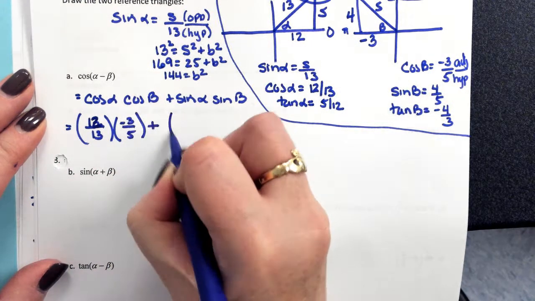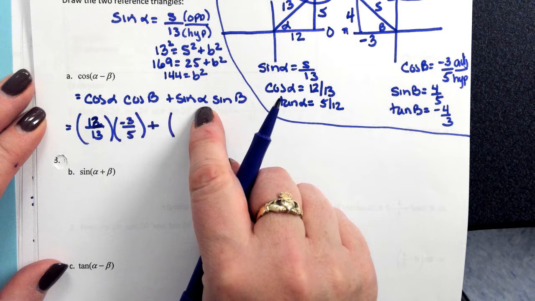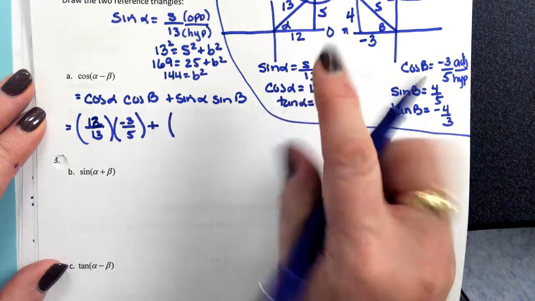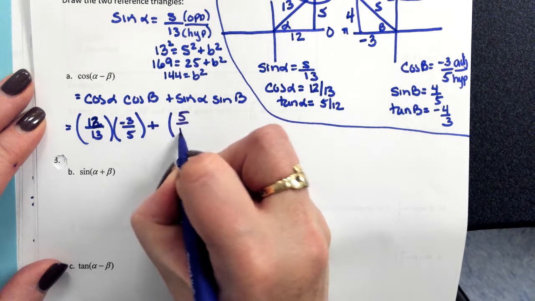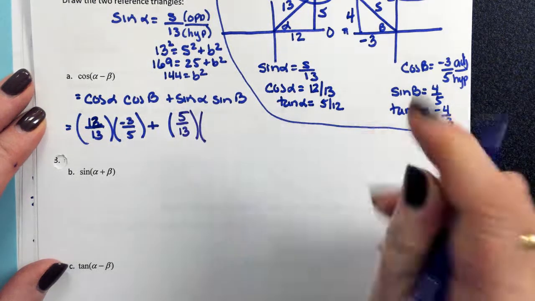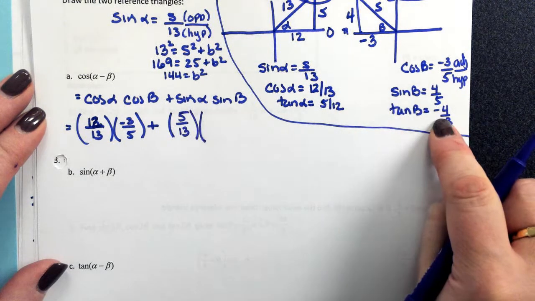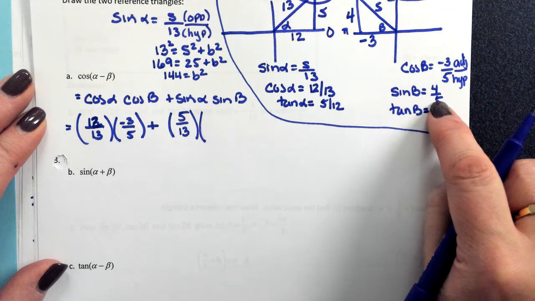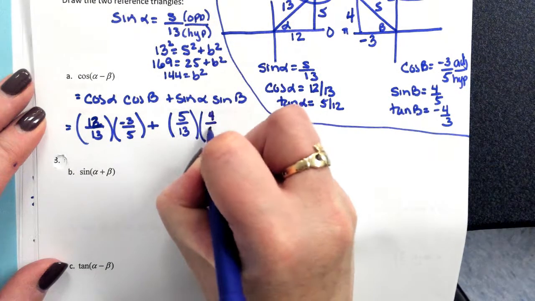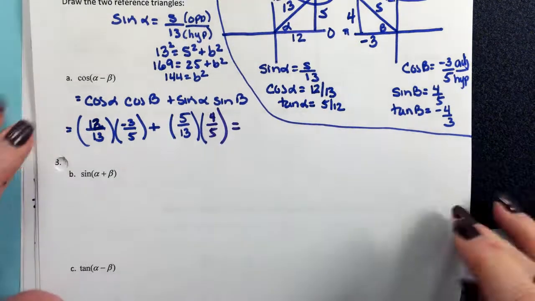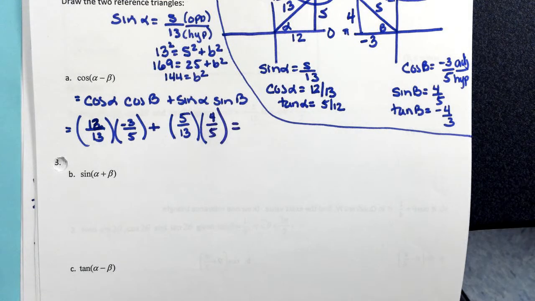Plus, sine of alpha was actually given to you, which was 5 over 13. Sine of beta, we found the opposite over the hypotenuse to be 4/5. So any questions on how I plugged in those trig ratios?